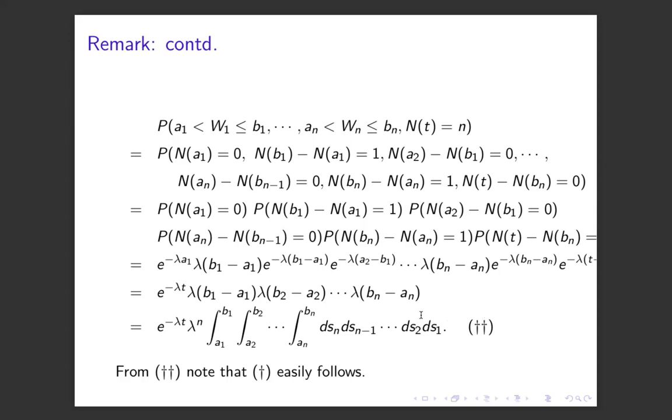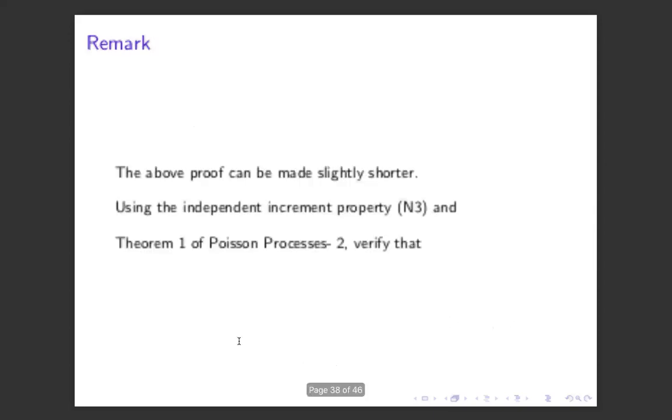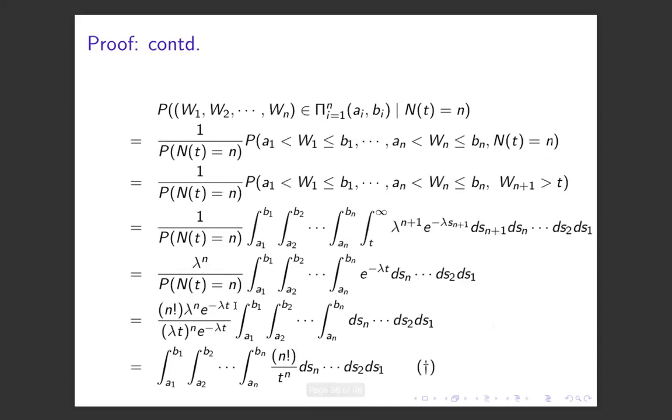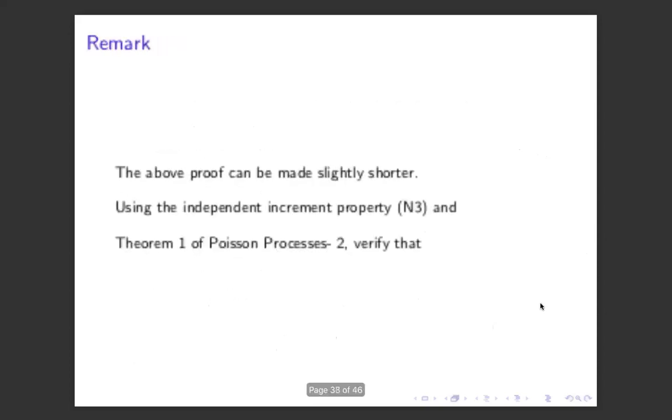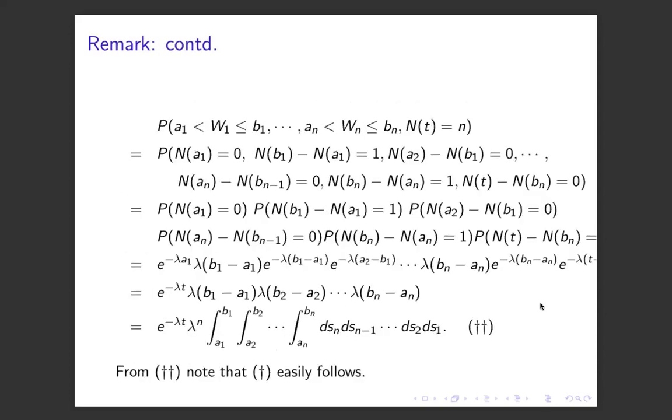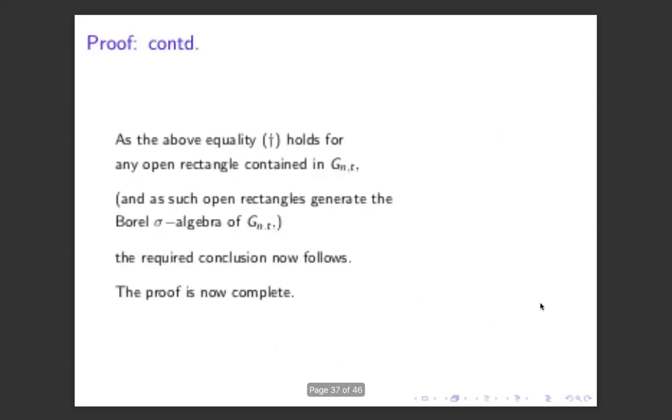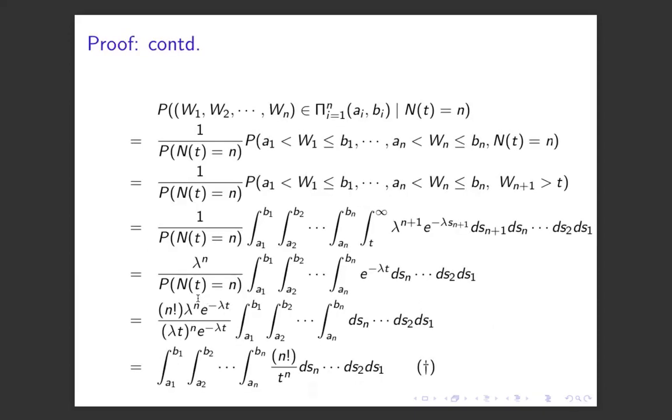So what we have on the right side of double dagger, comparing with here, is precisely this n-dimensional integral, with e to the power minus lambda t and lambda to the power n times that integral.